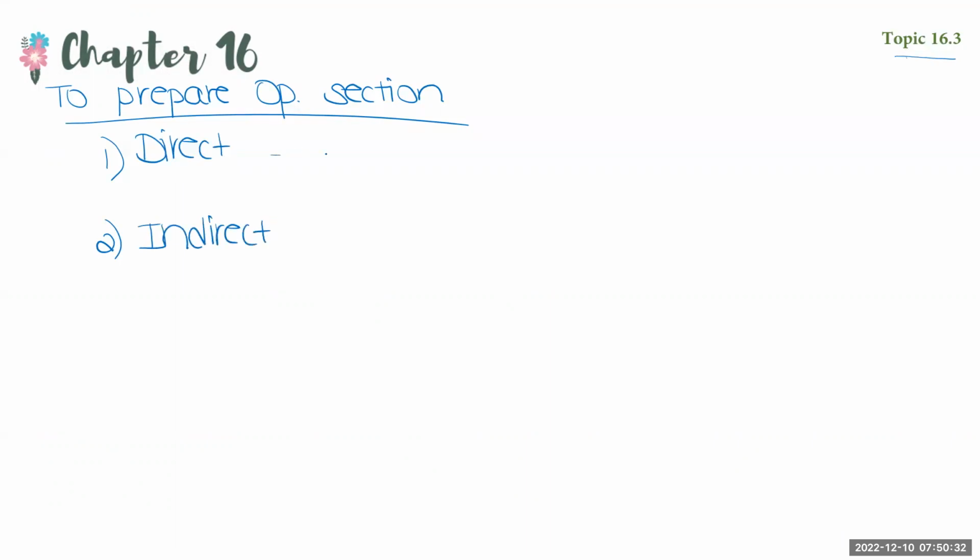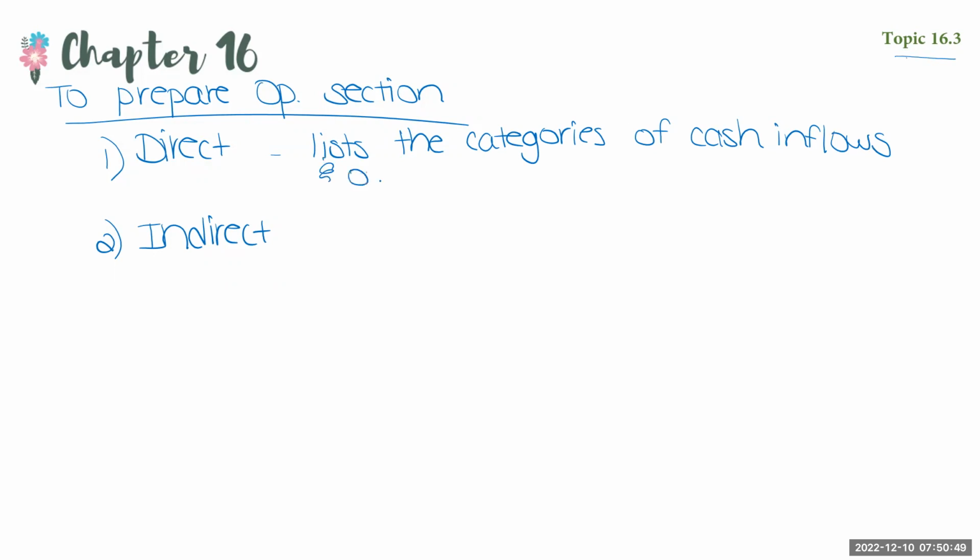The direct method lists the categories, cash inflows and outflows. The indirect method calculates the operating cash flow by starting with the company's net income and makes a series of adjustments.